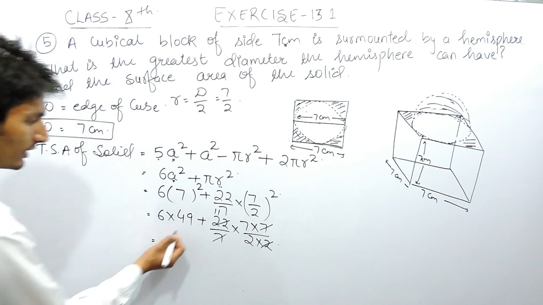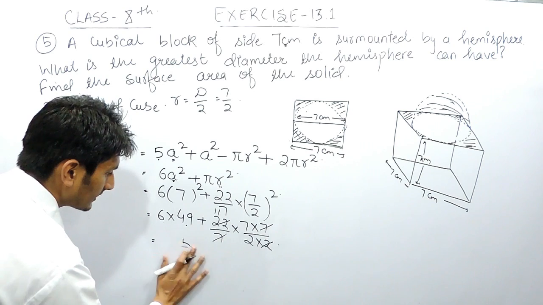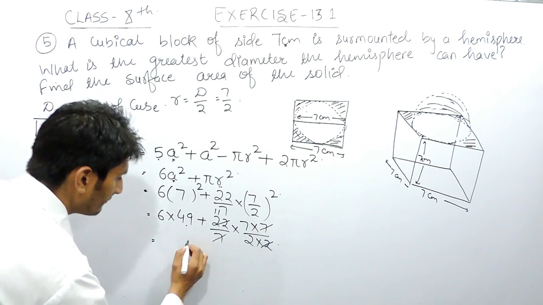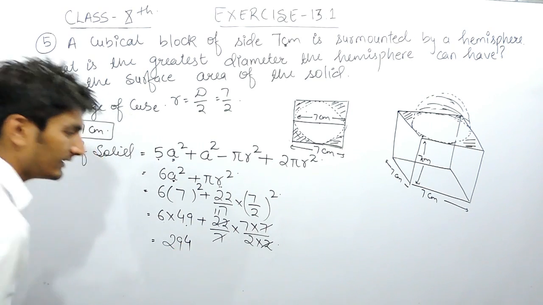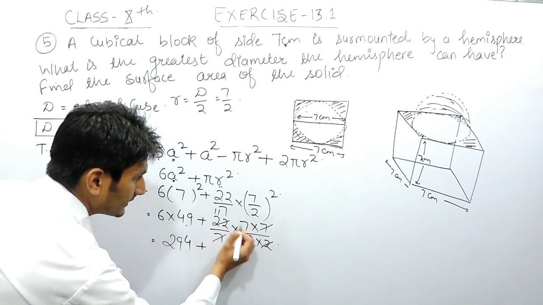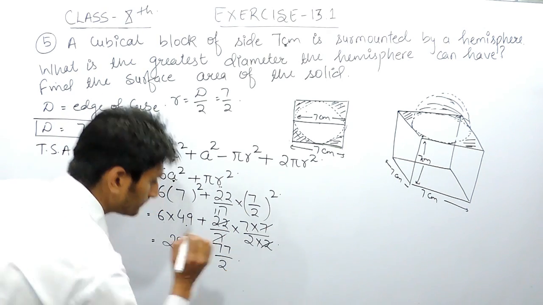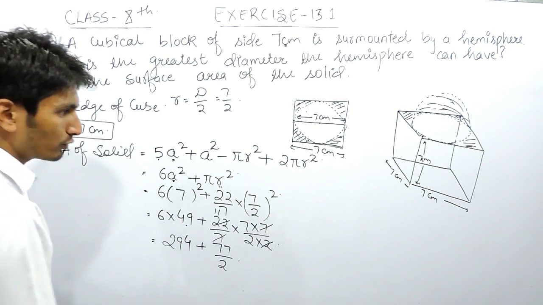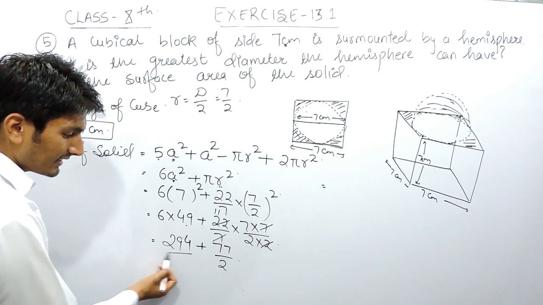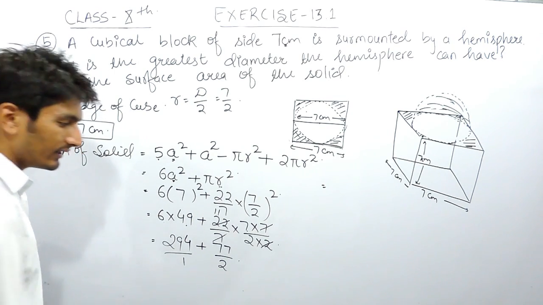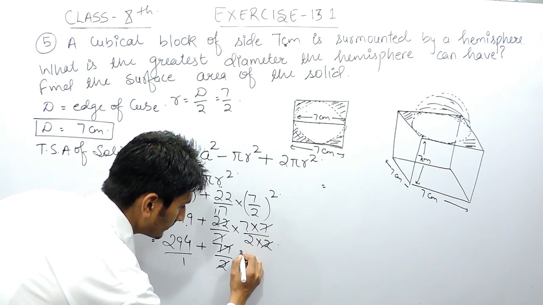Now further solving this, 49 into 6 is 294, because 6 nines are 54, carry 5. Plus this will be 7 multiplied by 11, which is 77 upon 2. Now either I can take the LCM and solve it, or I can simplify this.